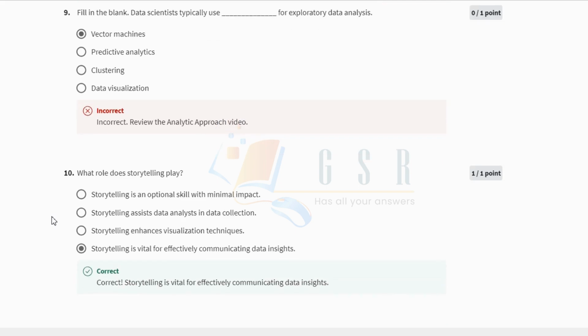Tenth one is what role does storytelling play? So storytelling is something with the help of which you explain your data understanding or insights that you have got from data to the people, to the non-technical people who cannot understand the data or the model that you have prepared.